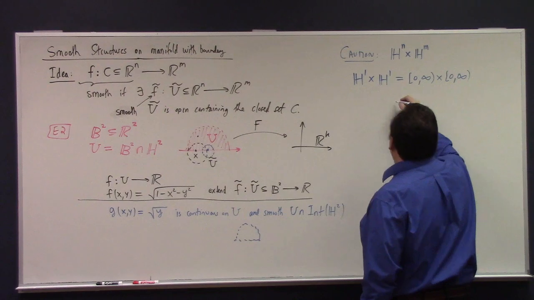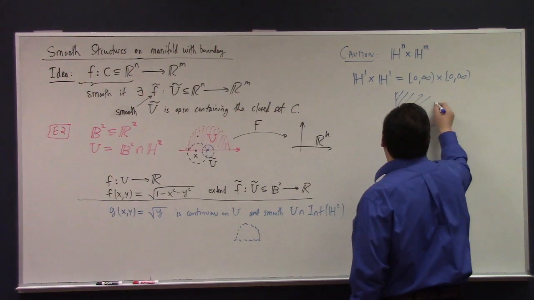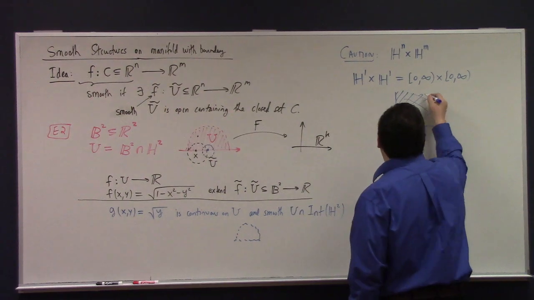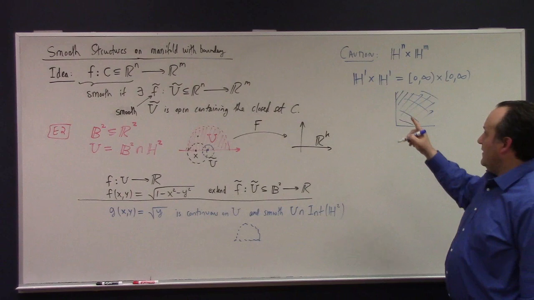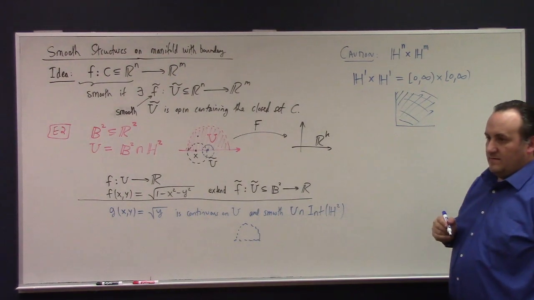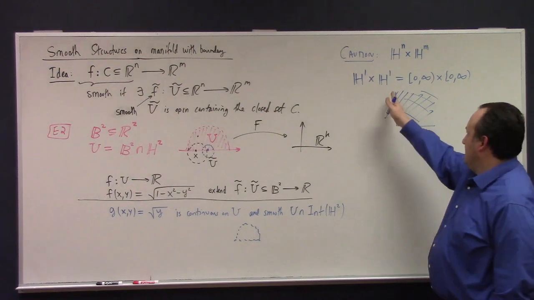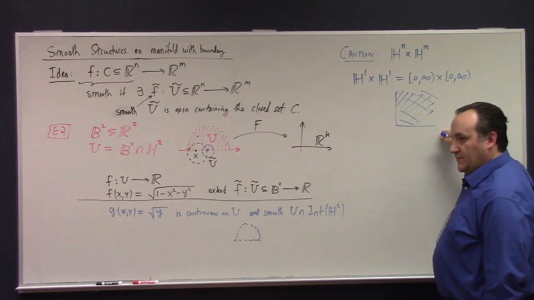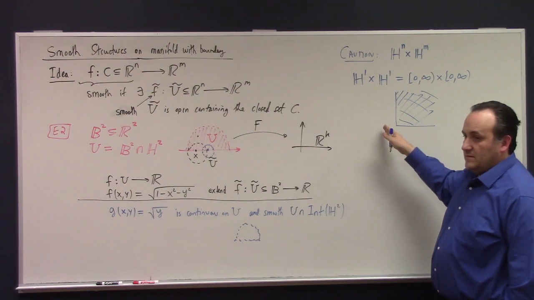I can actually draw a picture of that. That's this space, right? That space, H1 cross H1, is certainly not a manifold because it's got boundary points which are not homeomorphic to R2, right?